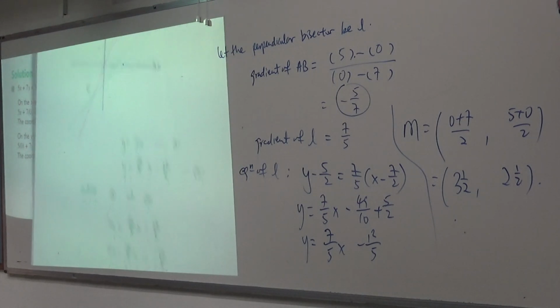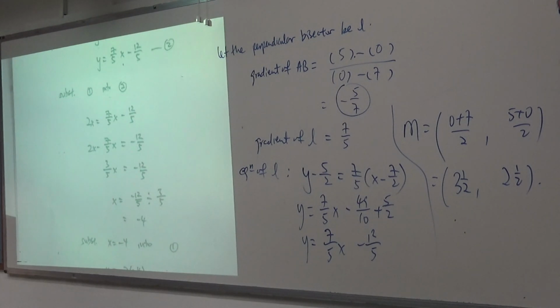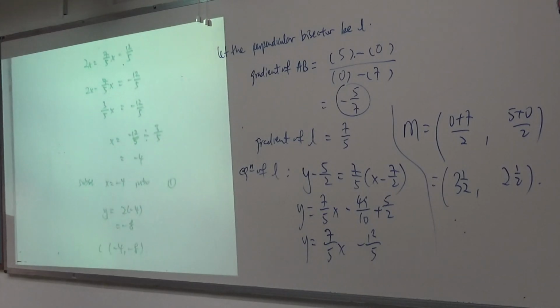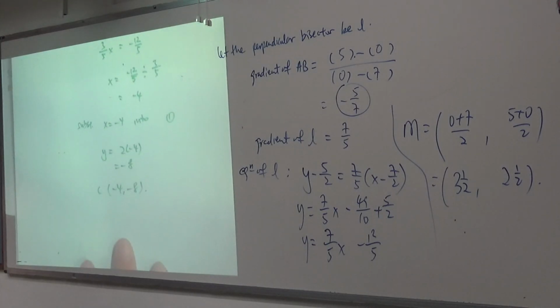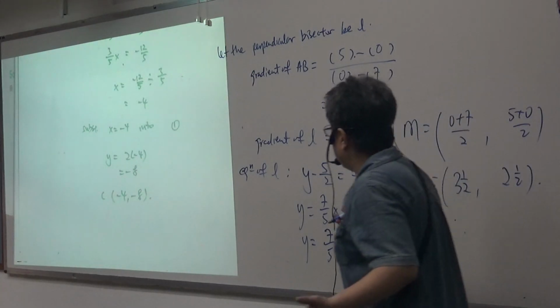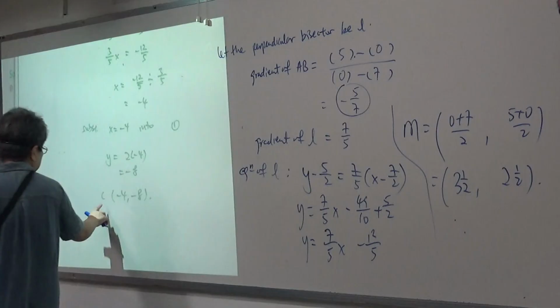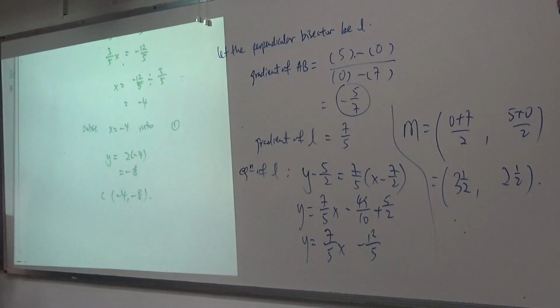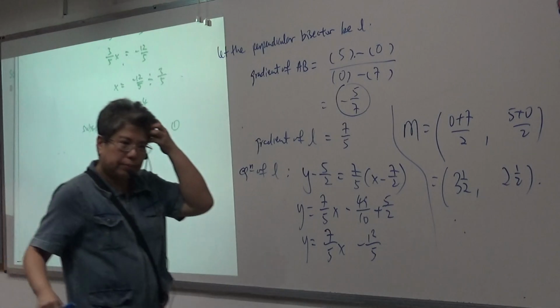Then I solve it simultaneously, substitute, and so on. I think this is very simple solving because it's two straight lines. So I get C as negative 4, negative 8. This is just solving simultaneous equations. Are we clear?